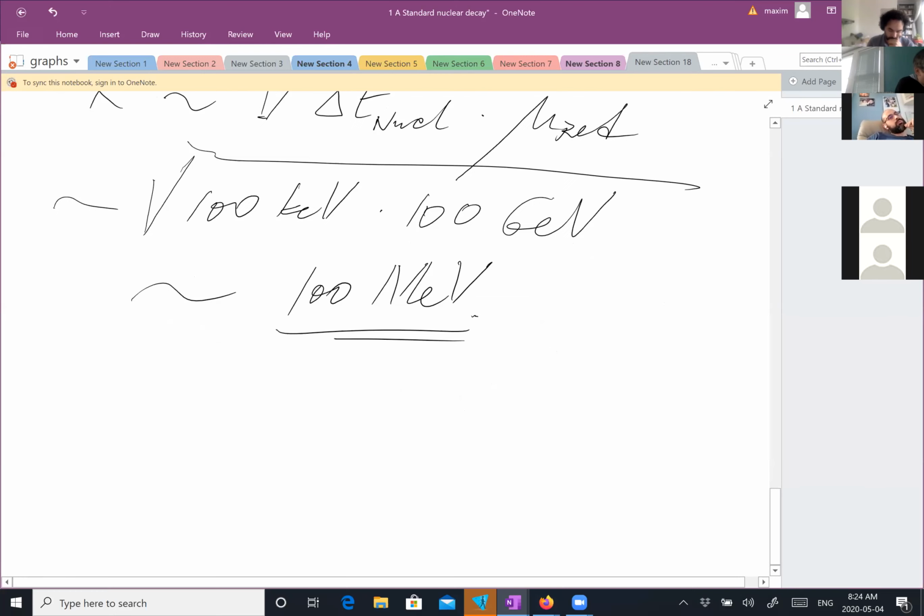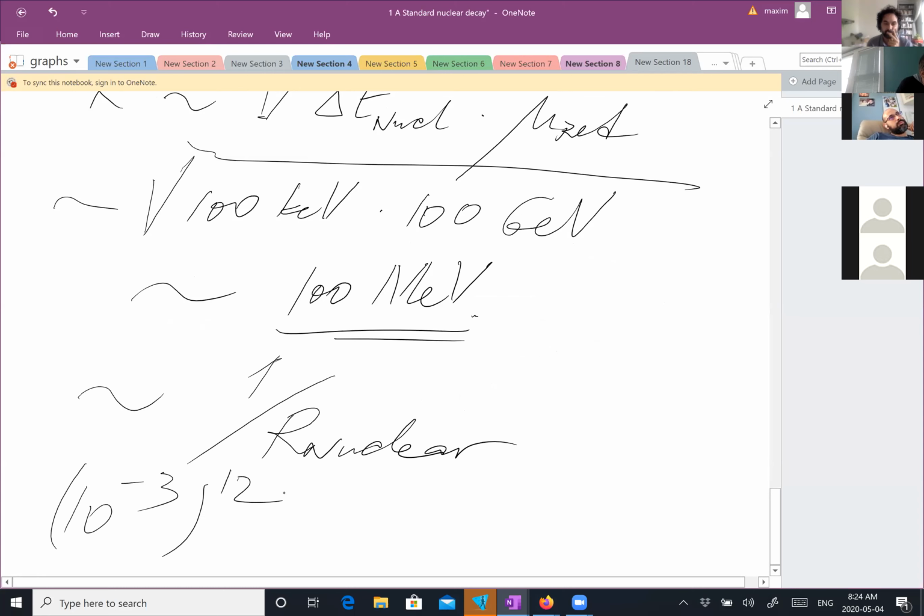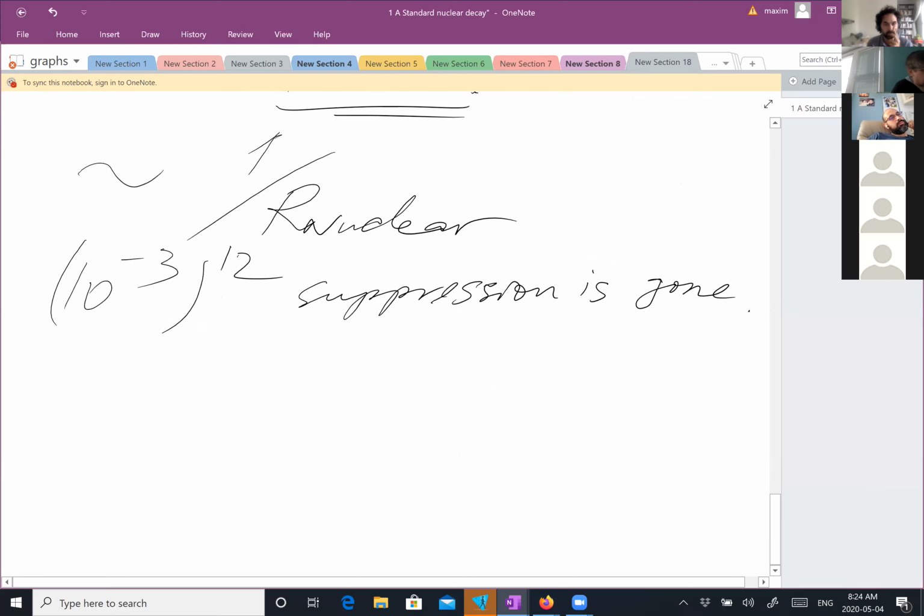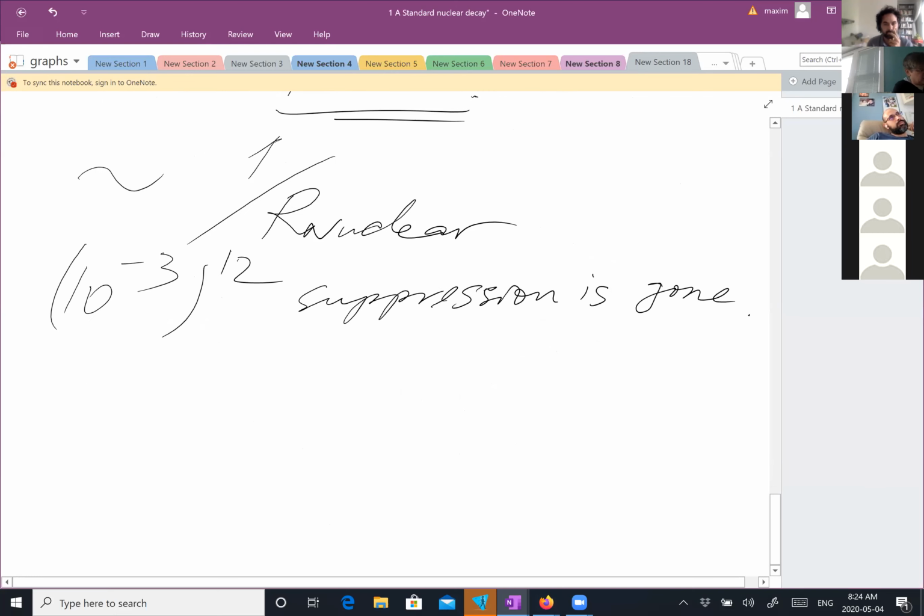So of course this is comparable in size with the inverse nuclear radius, and therefore this 10 to the minus 3 to the power 12 suppression is gone. Okay, and that's the basis for this application.